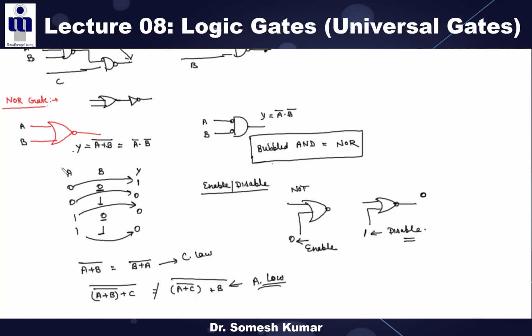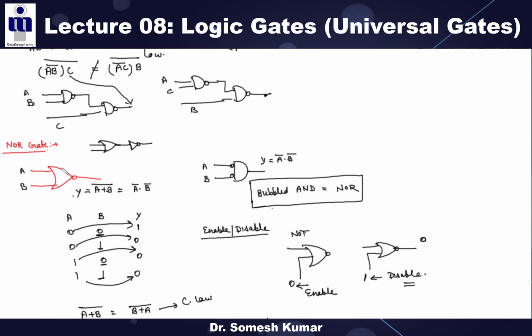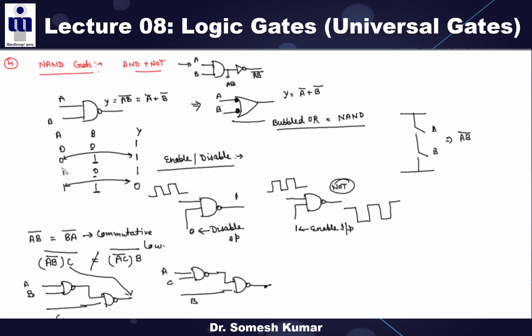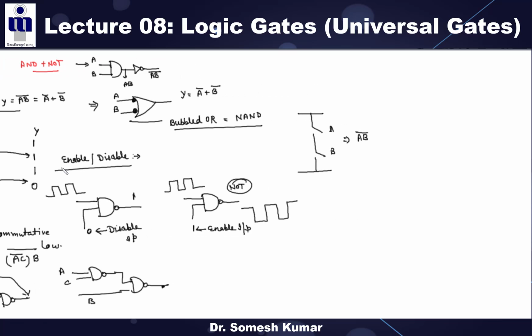Now tell me how you can design NAND gate using the transistors. Using two transistors, how can you design your NAND gate? First of all, it is not possible to design NAND and NOR gates using the PN junction diode.